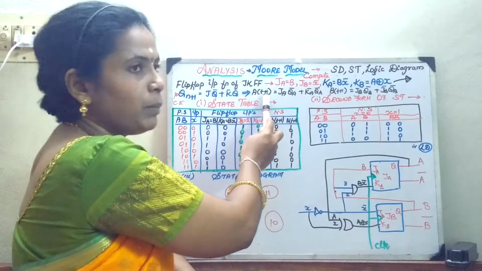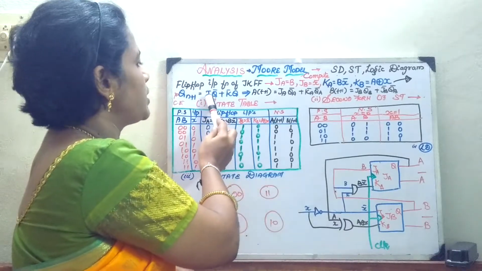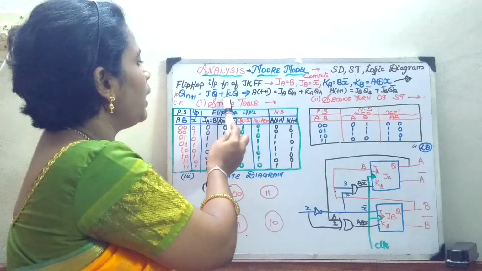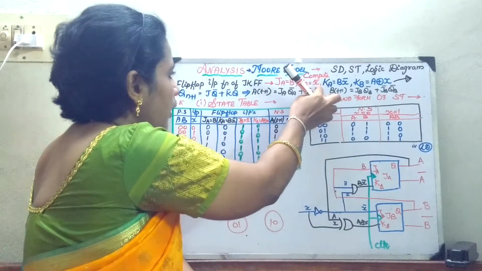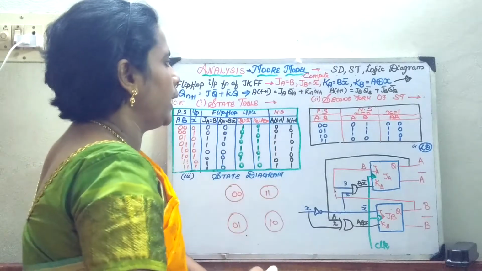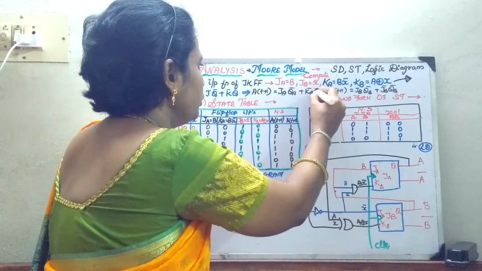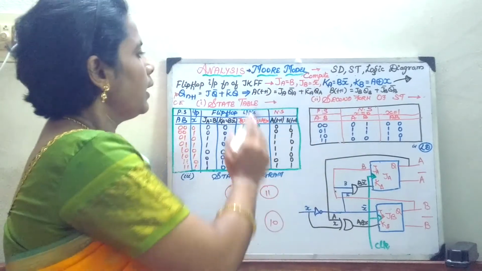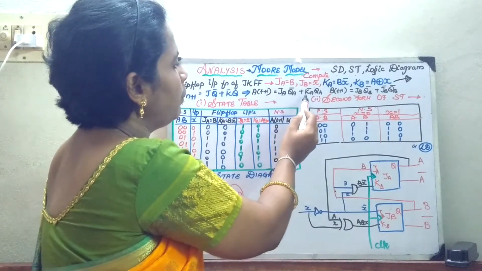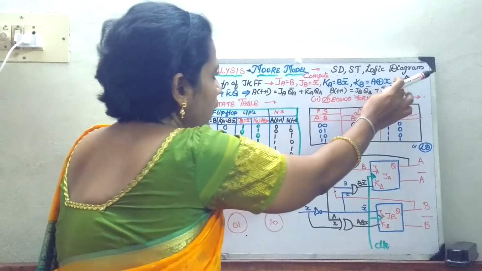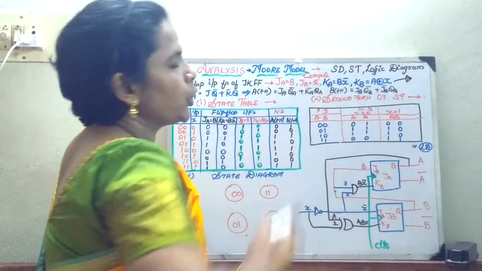What will be A of t plus 1? Just substitute with the suffix A: JA into QA bar plus KA bar into QA. Similarly, B of t plus 1 is JB into QB bar plus KB bar into QB.